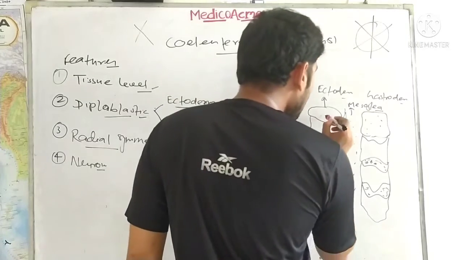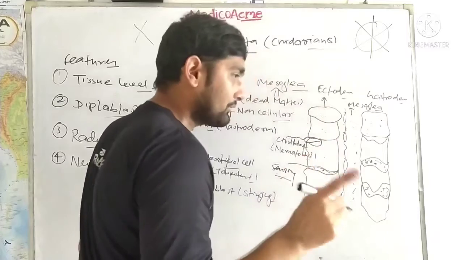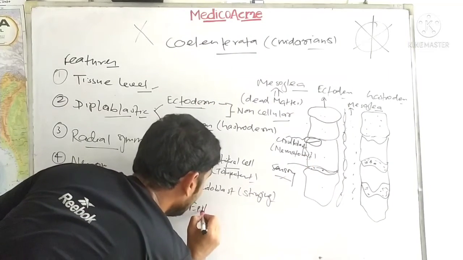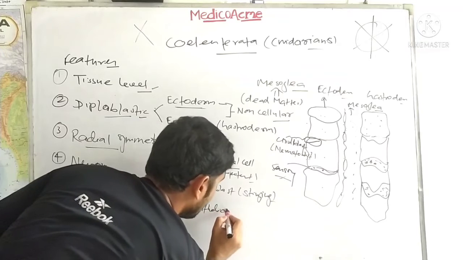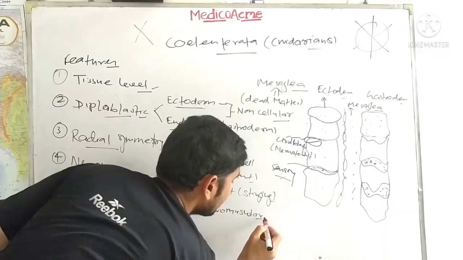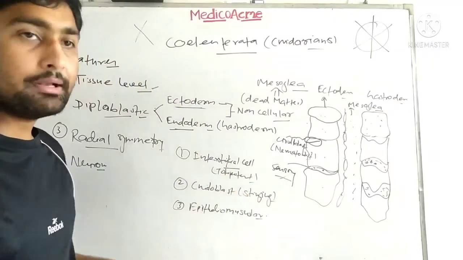So here you will find the epitheliomuscular cells. Epitheliomuscular cells will help in contraction and relaxation of the ectodermal layer.